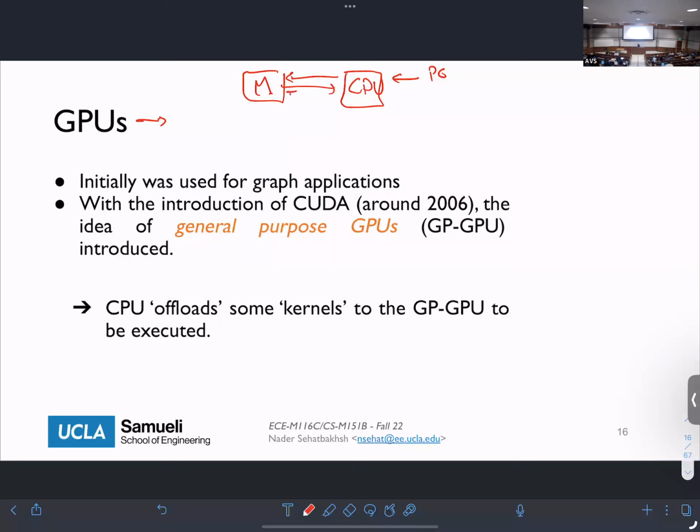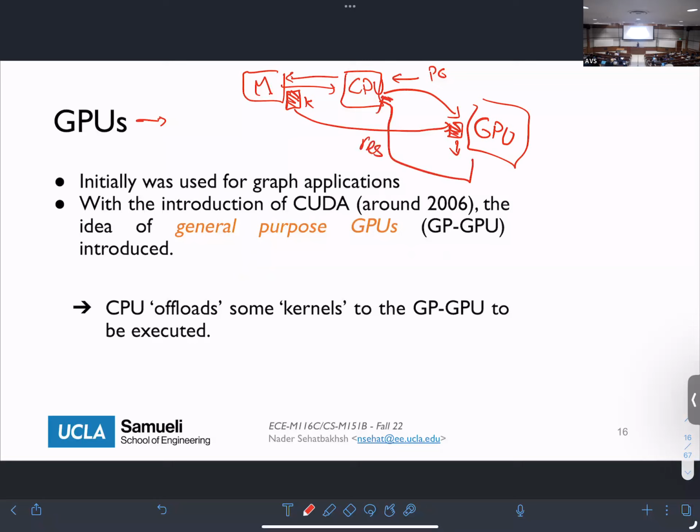Instead of the CPU reading this and running it, it's going to offload it to the GPU. The GPU is going to take this kernel and execute it using the model that it has, and it's going to send back the results to the CPU. So the results are sent back, and then the CPU can interact with the memory to store the results, and so on and so forth, right?